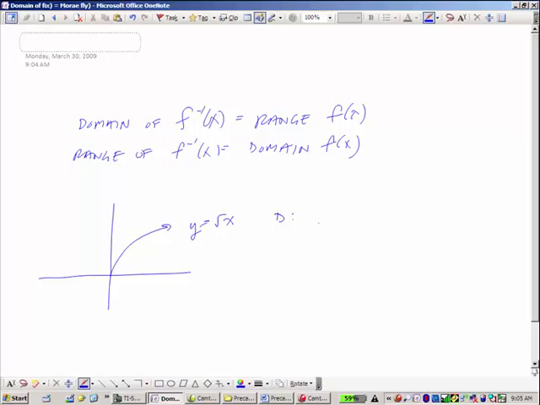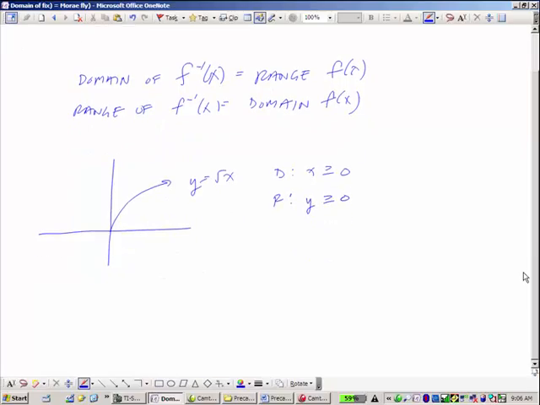You can plug 0 in. So the domain, you can only plug in non-negative x values. So x has to be greater than or equal to 0. And the range, what kind of y values do I get out? Looking along the y-axis, do I get any negative y values out? No. So the range is also greater than or equal to 0.